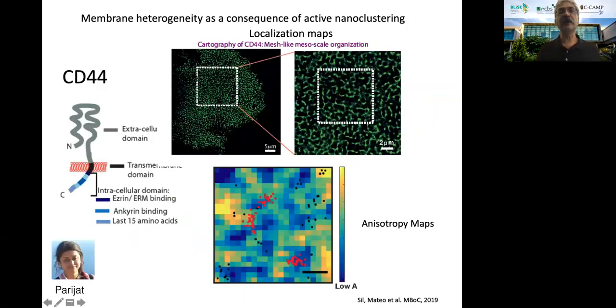And so what she found is that using some really nice experiments based on work from Maria Parau's lab in Barcelona, where you could use cartography maps, where you take identification of single molecule tracks at high density, and then sort of correlate them in time or scrunch them up in time.